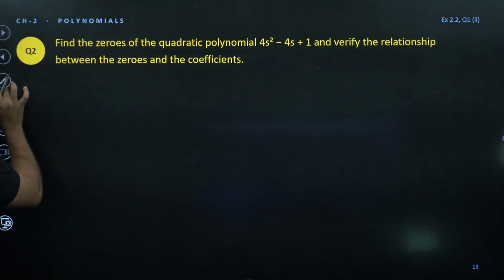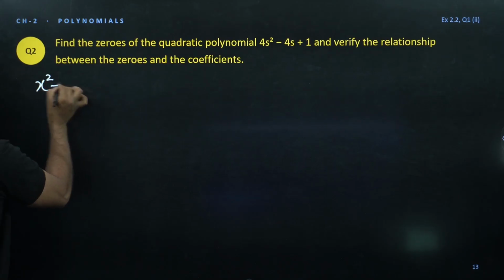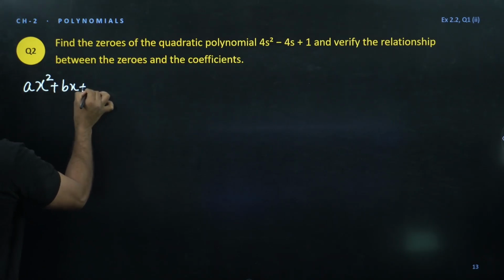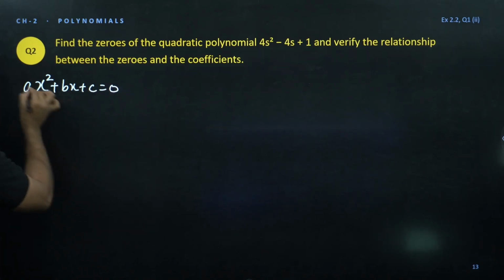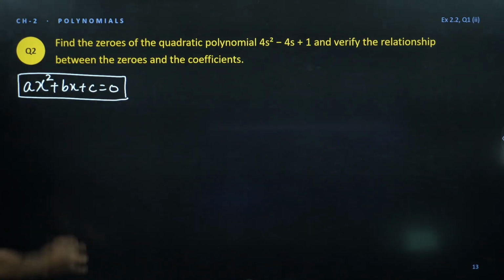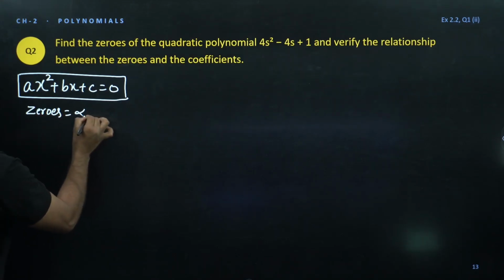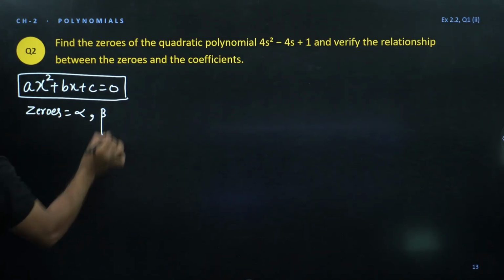We have a general form of a quadratic equation, ax square plus bx plus c is equal to 0. And we generally take the zeros as alpha and beta for a quadratic polynomial.